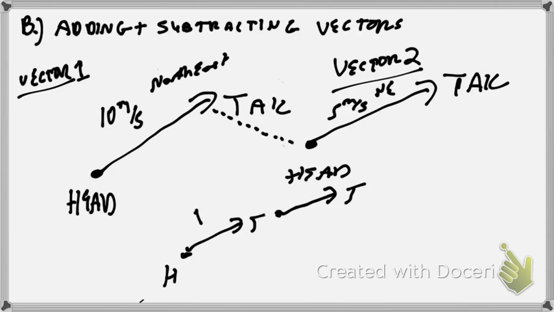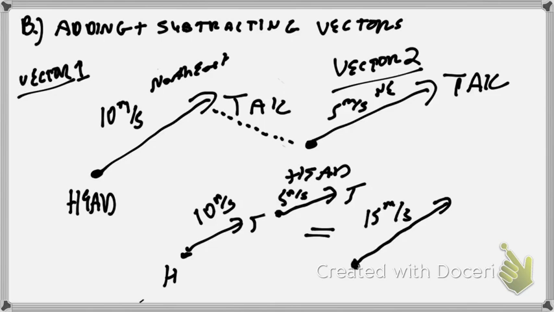If this was 10 meters per second and this one was 5 meters per second, your new vector would be 15 meters per second northeast, because you have to use the head to tail method. You add the two vectors together and you get the new vector. So let's do a few examples of how that's going to look.